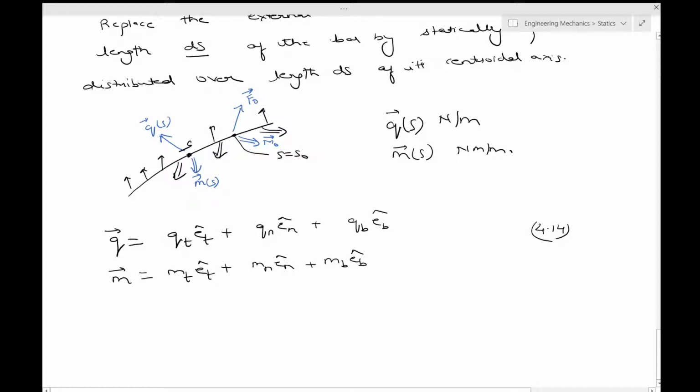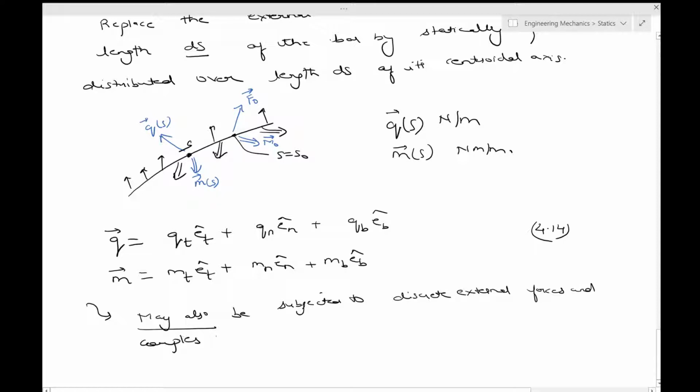Other than this, the bar may also be subjected to discrete external forces and couples.